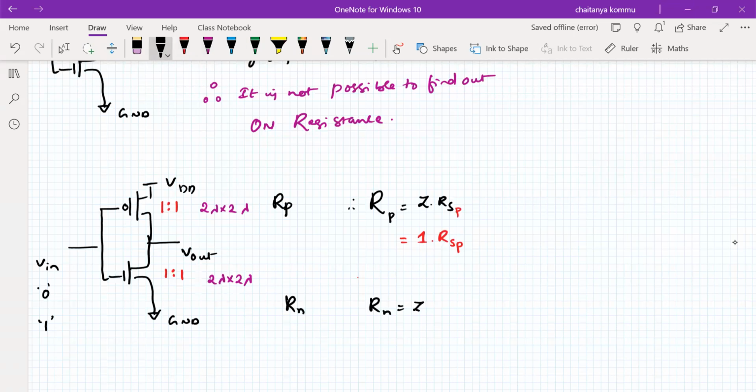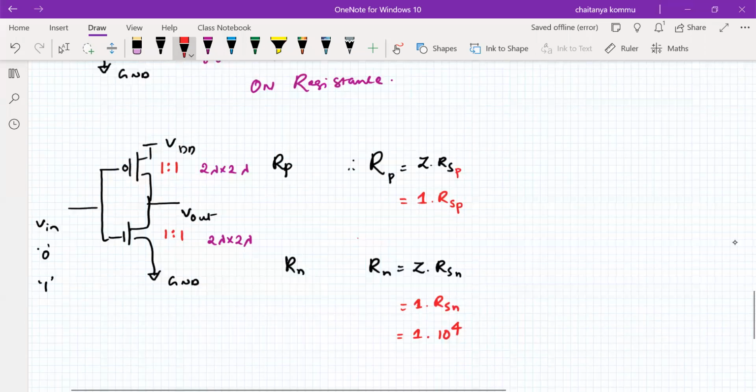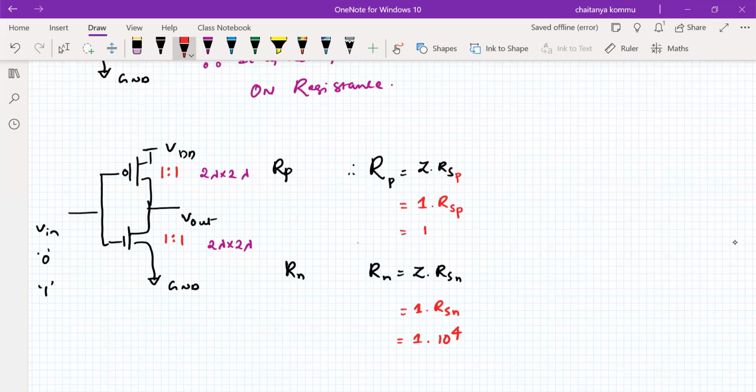It is Z multiplied with RSN, the NMOS transistor. Again, 1 into RSN. As we have seen, that is 10 to the power 4 for NMOS, whereas for PMOS it is 1 into 2.5 times that of the NMOS transistor. That's what we have to consider from the table.